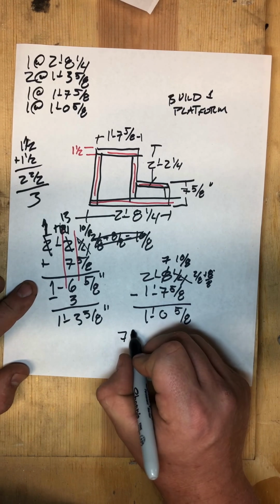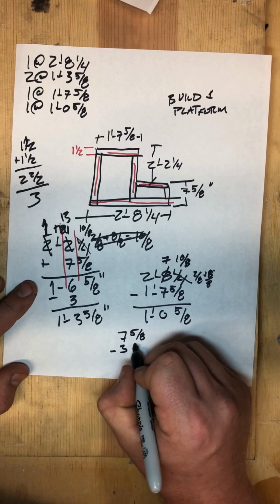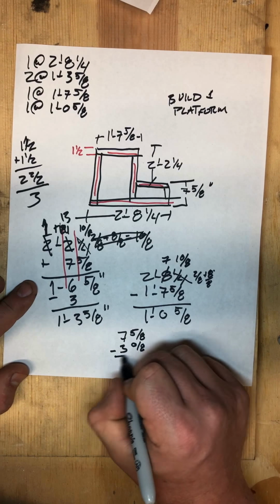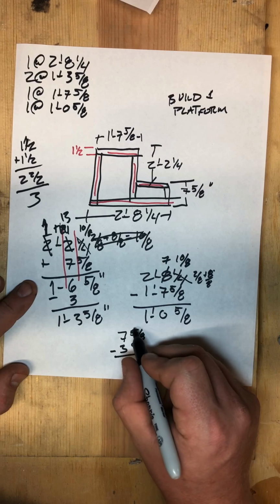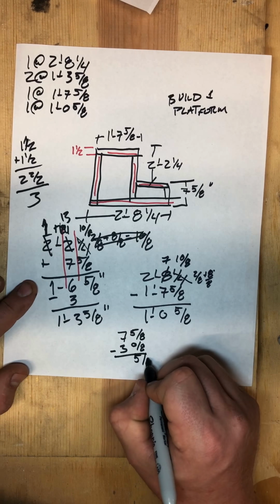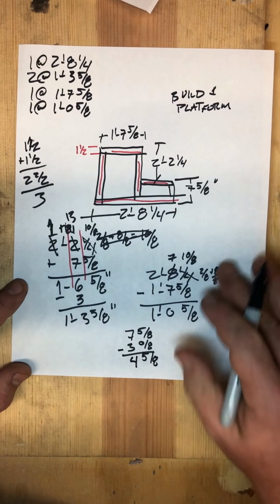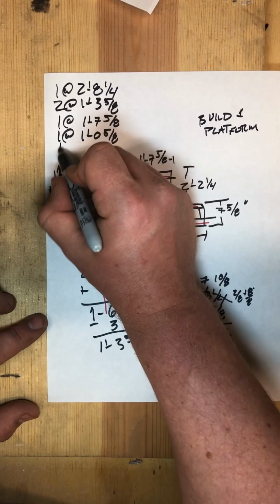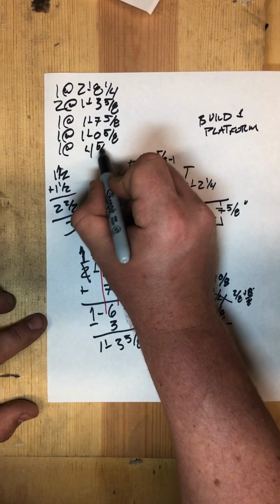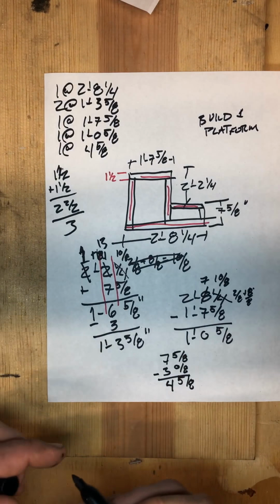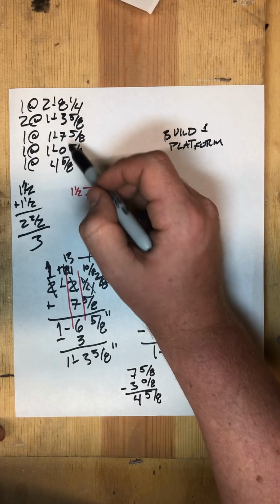So I will take 7 5/8 minus 3 0/8, right? Because it's just 3 inches, but just to keep it consistent. So then we've got 5/8 and then 4. And we just need one of those at 4 5/8.